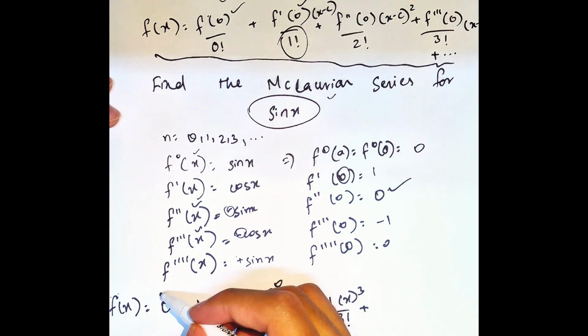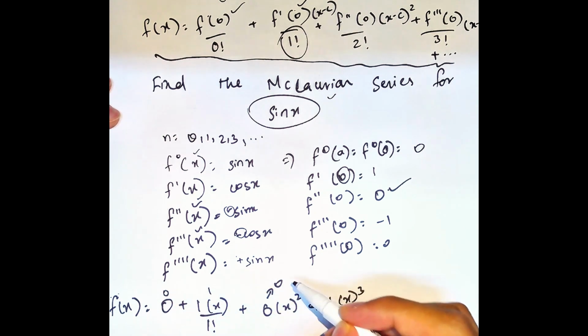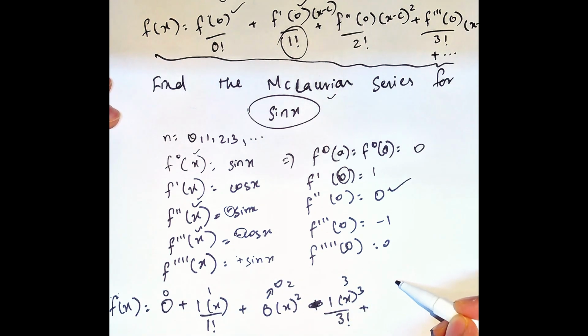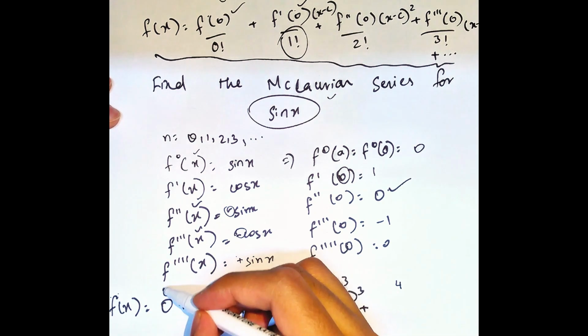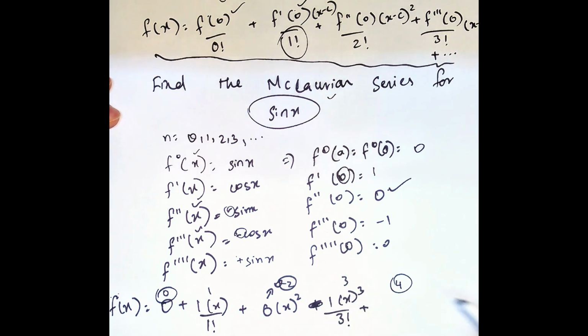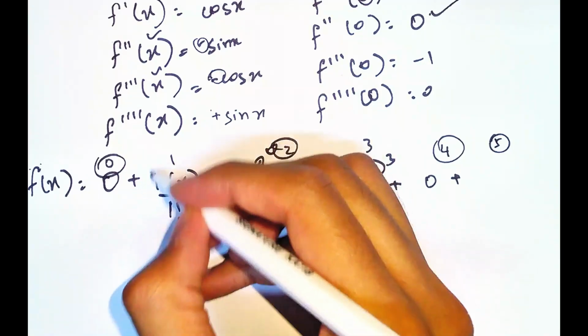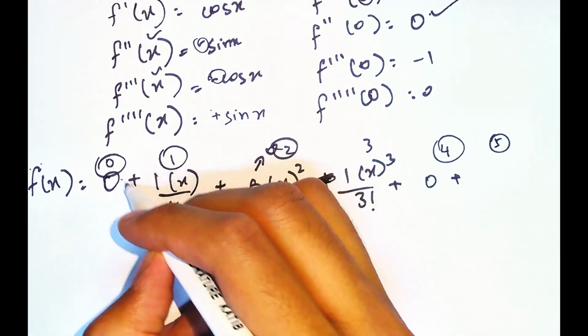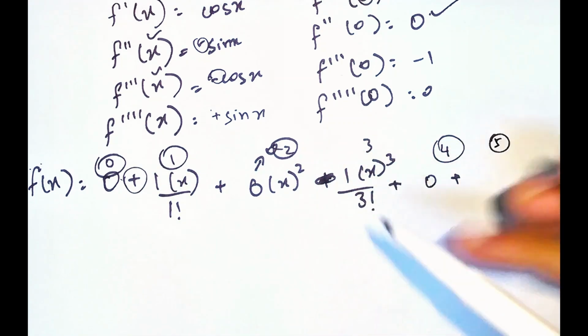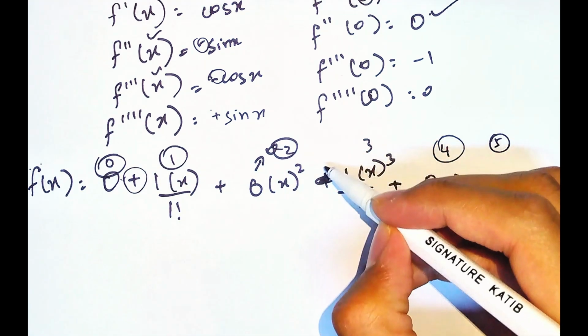Now you can see the pattern. This is the 0th term, this is the first term, this is the second, third, and of course the fourth term. We are already seeing the pattern that the even terms have the value 0, so the fourth term will be 0. The next term is the fifth term, and it will have a positive sign, because the first odd term had a positive sign, then the third term, the next odd number, had a negative sign.